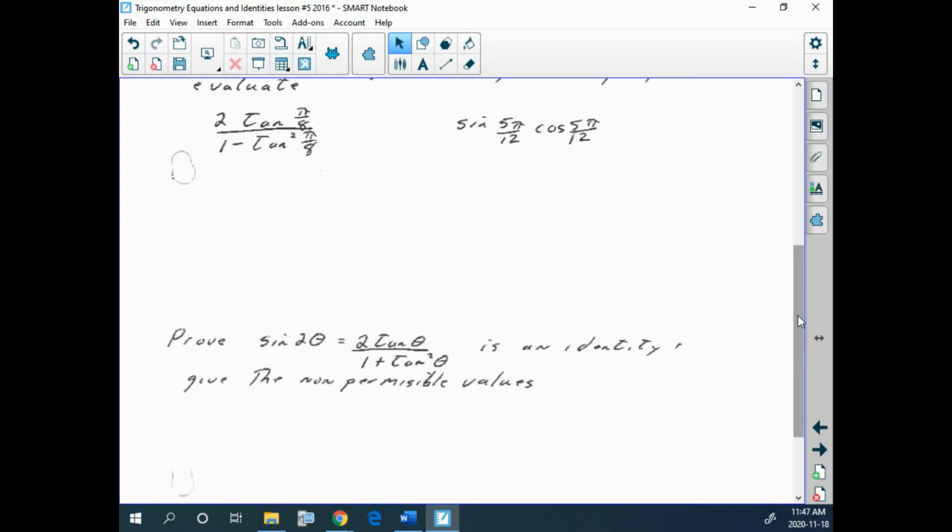And 2a is equal to tangent 2 minus 1 over tan squared of the value.